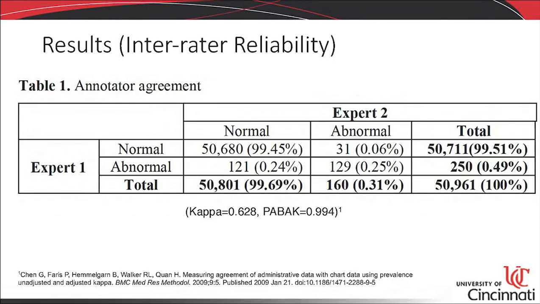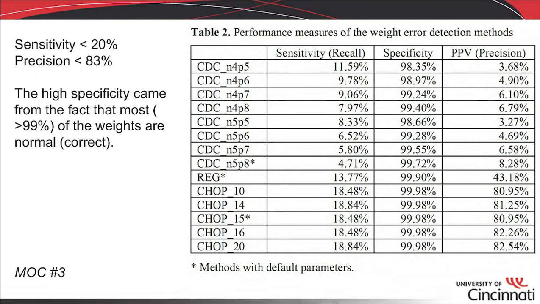So basically, the results show that we have reasonable kappa. We annotated 4,000 patient charts, about 50,000 points. So it's a good reference standard. And then this is the performance of the algorithms. There are some parameters in each algorithm.